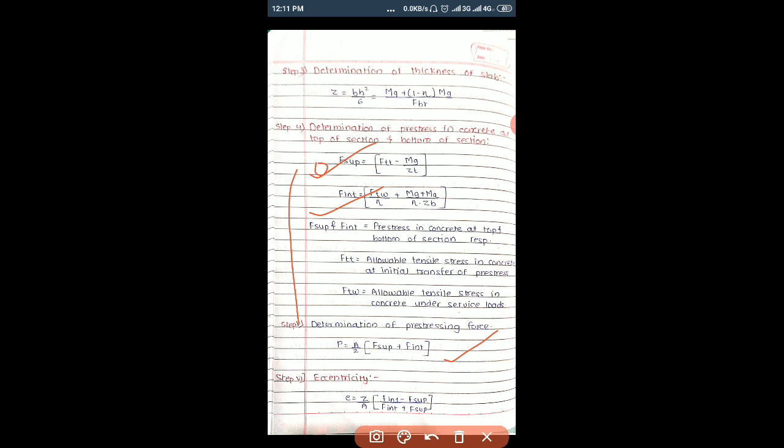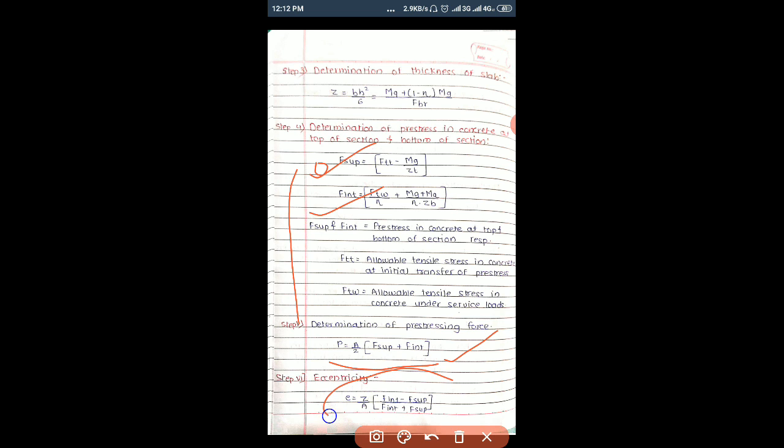Now here we are going to calculate the load, that is pre-stressing force, so we will multiply stress into area. So this is the way we calculate. P is equal to A by 2 F SUP. SUP is the pre-stress in concrete at top and bottom of the section, plus F INT, internal. This way we'll calculate the pre-stressing force.